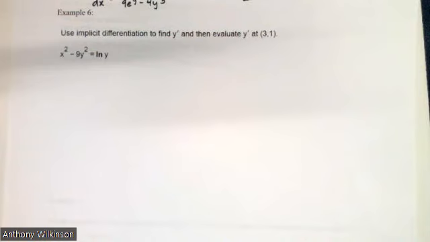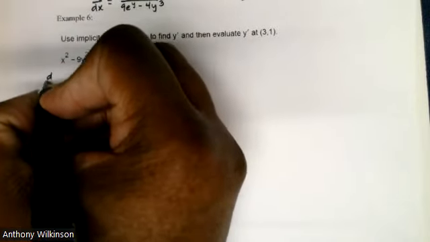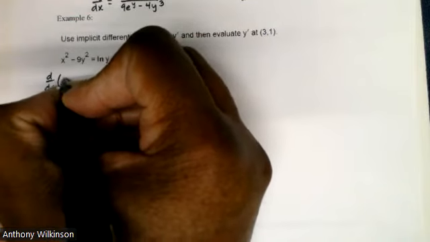This time we got x squared minus 9y squared is equal to the natural log of y. All right, so we're going to use implicit differentiation by taking the derivative of the left side and the right side with respect to x.